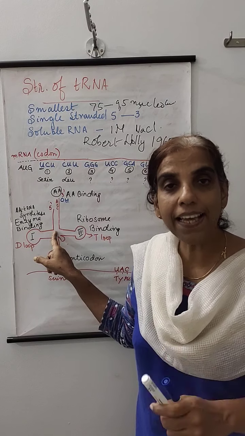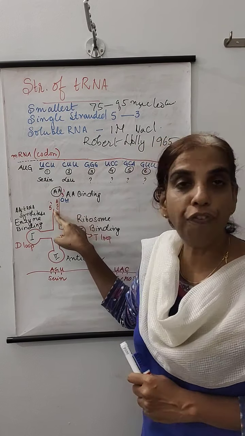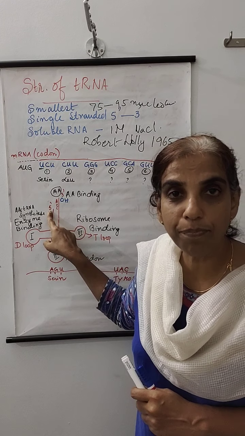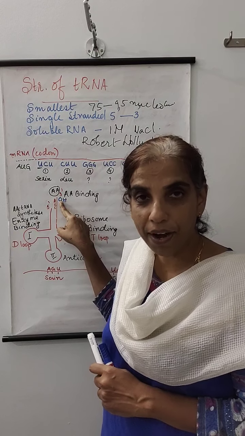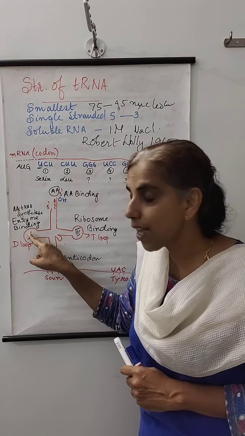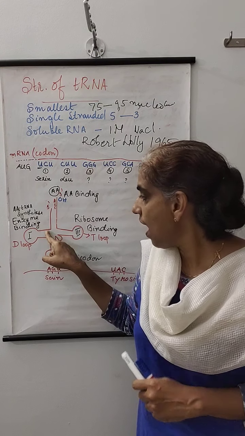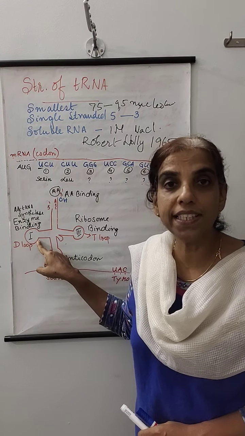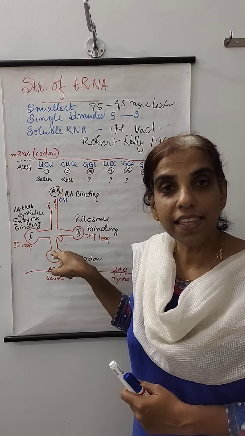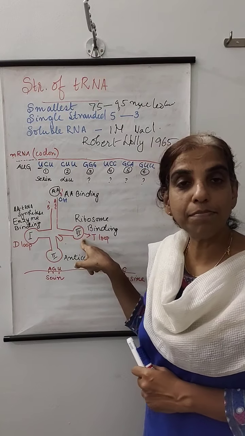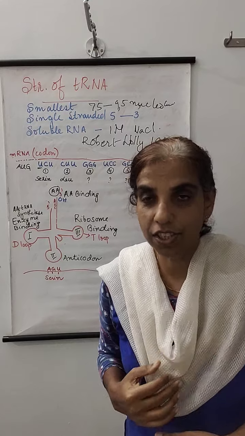But the real three-dimensional form shows that this 5' end, which starts from this particular point, and the 3' end will take many turns. The first turn comes down and takes a loop, that is the first loop, then comes the second loop, then the third loop, and it ends in the 3' end.